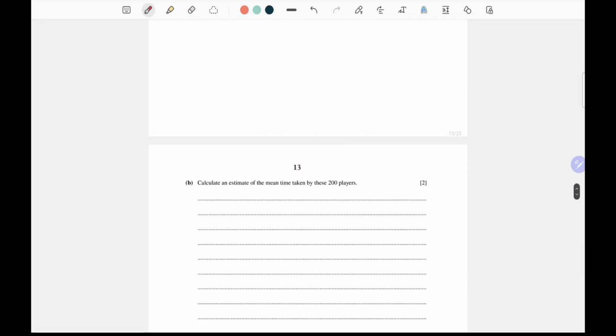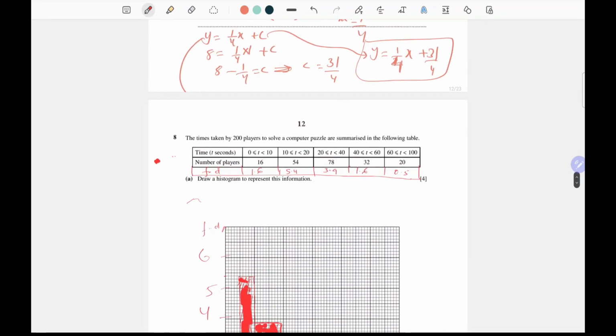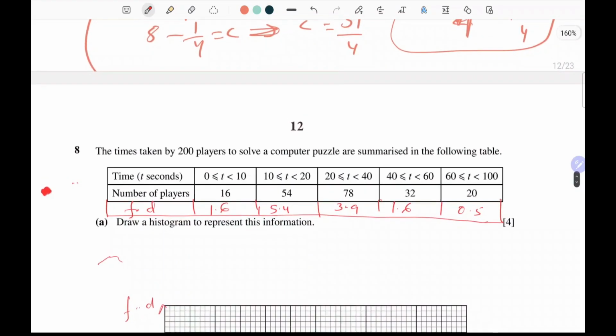Calculate the estimate of the mean time taken by these 200 players. Estimate, so we have to find the mid value as well. Okay, so find the mid value. M means mid value of the class, the starting and end point.